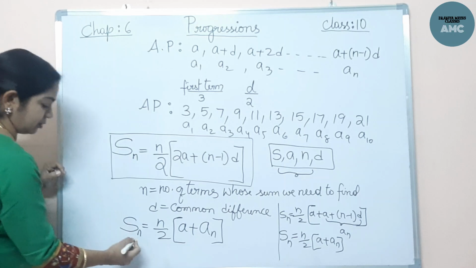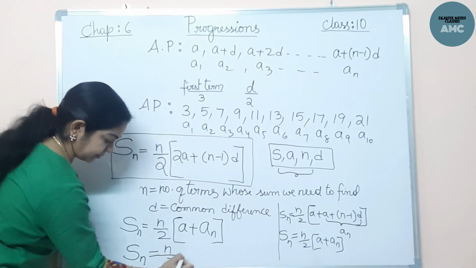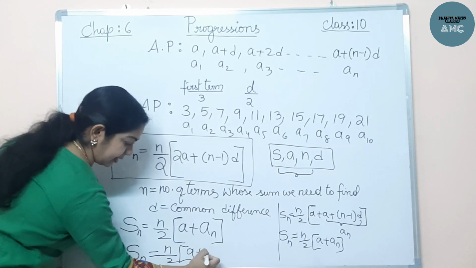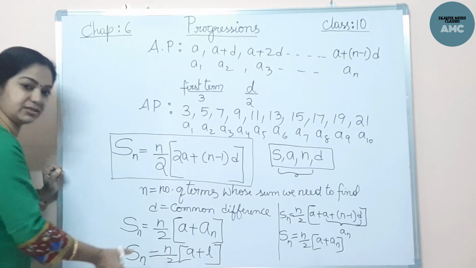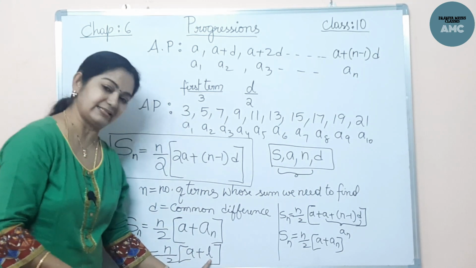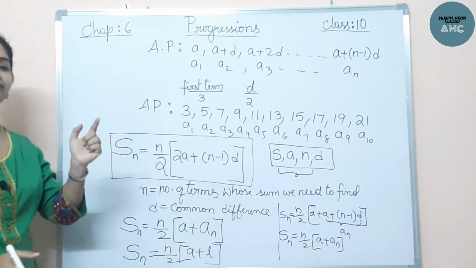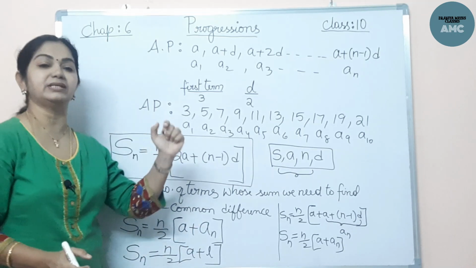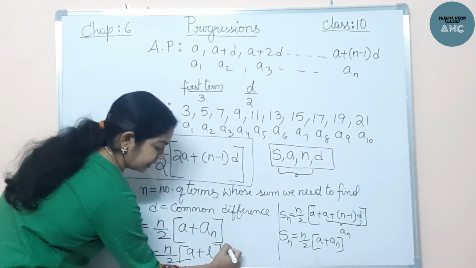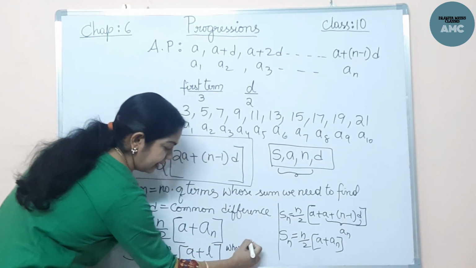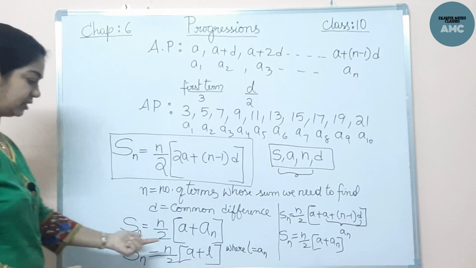In your textbooks, this formula is given like this, A plus L. But usually I don't recommend this formula because this L is called the last term. Now I am telling it as the nth term. You have to have the idea that the last term is our nth term. So if you are using this formula, you can write where L is equal to An, because you get confused with the last term.